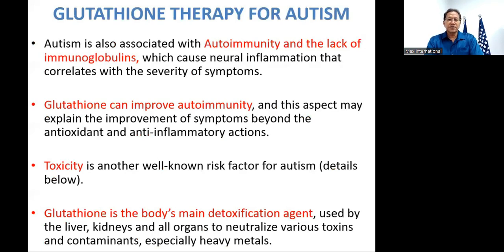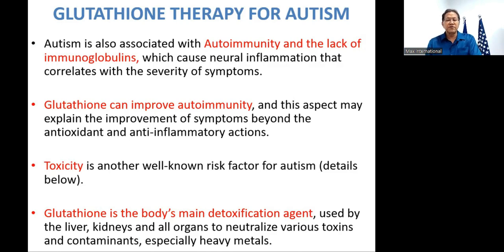Okay, autism is also associated with autoimmunity and the lack of immunoglobulins, which cause neural inflammation that correlates with the severity of symptoms. So just now we were talking mainly about antioxidants, the redox balance and oxidative stress. Now, on the issue of immunity and autoimmunity, glutathione also plays a central role.